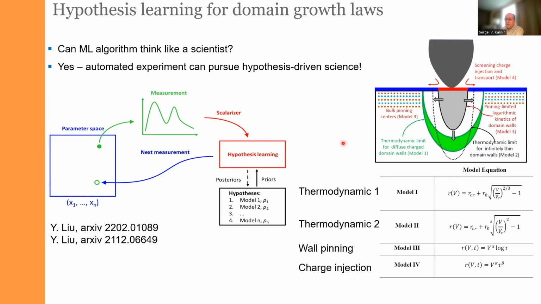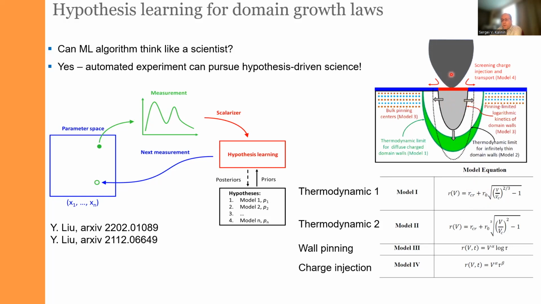And in this case, we actually have a list of models. One model is that in the polarization switching, the size of the domain is limited only by thermodynamic factors, and there are some different assumptions about what happens at the domain end. The second model is that the size of the domain is limited by the pinning of the domain wall.